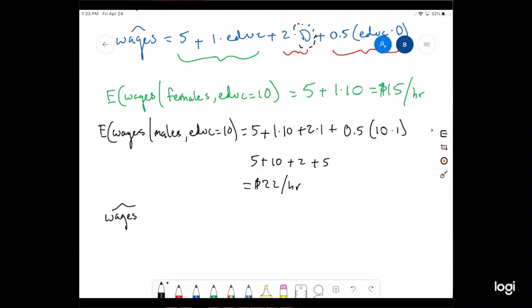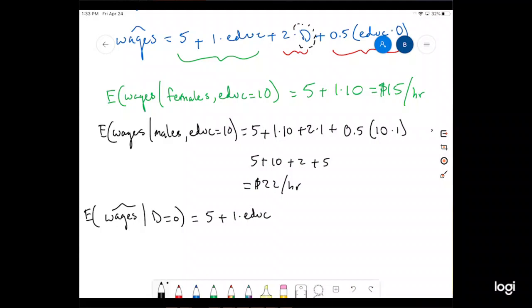Expected wages hat conditional on D equals 0 is 5 plus 1 times education. And then these other two terms drop out. The D times 2 drops out because D is equal to 0. And 0.5 times education times D drops out as well.